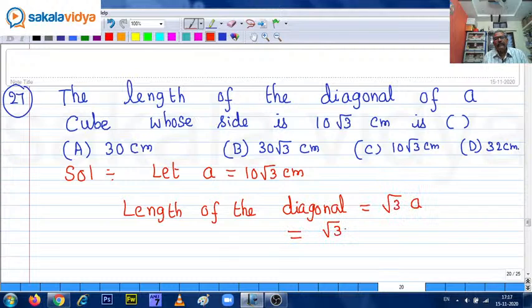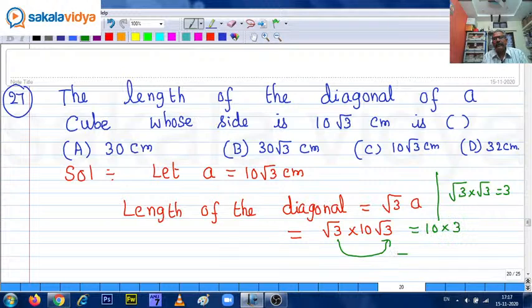So root 3 into 10 root 3. Root 3 into root 3 is equal to 3. So this equals 10 times 3, obviously 30. 30 centimeters is the answer. So A is the right option.